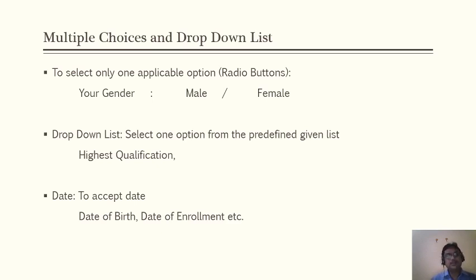But suppose you have a very long list, like asking which country you belong to. If we write the answers with checkboxes, or with multiple choice, that is the radio button, the list will become very large. In the case of checkboxes or radio buttons, all answers have to be shown on the Google form.